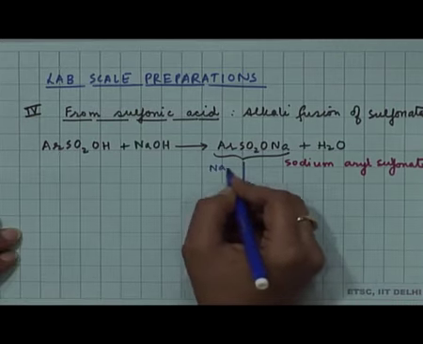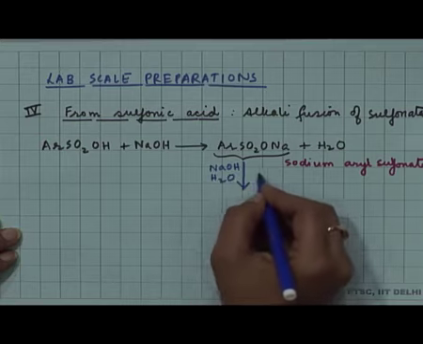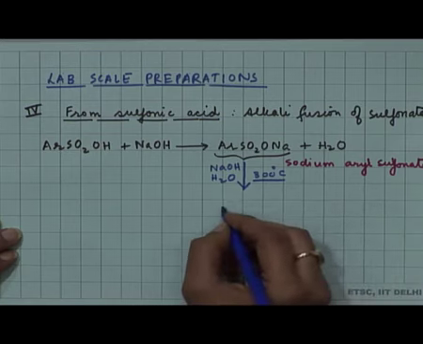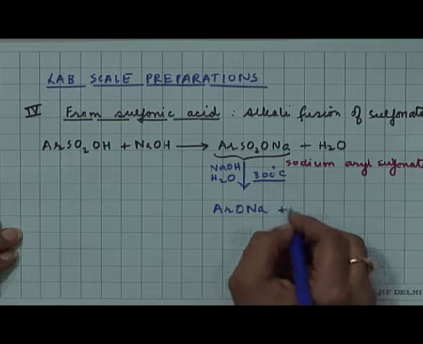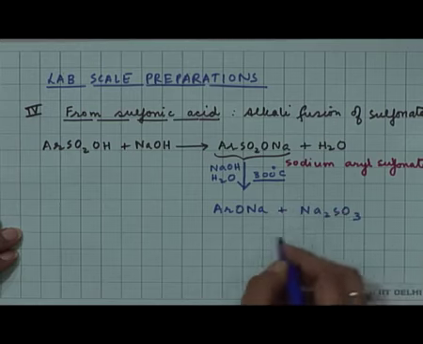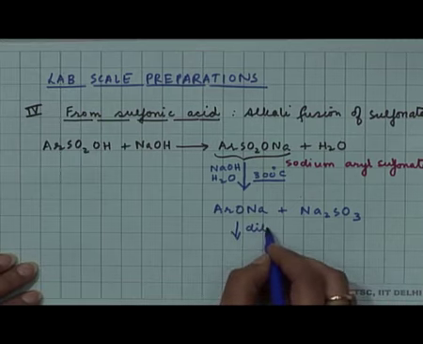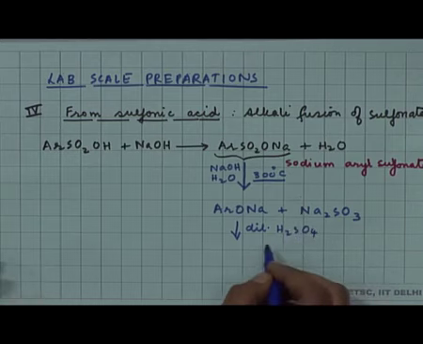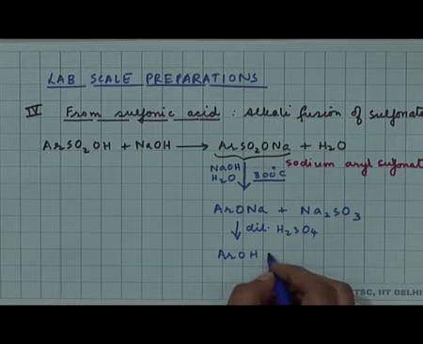You treat it with NaOH, aqueous conditions at 300 degrees centigrade. This is the fusion step where you get sodium phenoxide along with formation of Na2SO3, and this then upon acidic workup gives us the phenol.